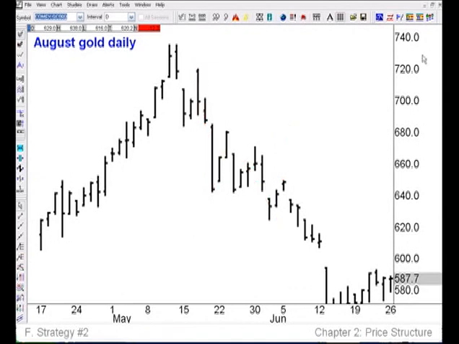As mentioned earlier, in both strategy number 1 and strategy number 2, what you're doing is using the first measure move to prepare to trade the second one. You want the measure moves to have simple price ranges. So this move down here should be bar to bar. Up here, bar to bar.